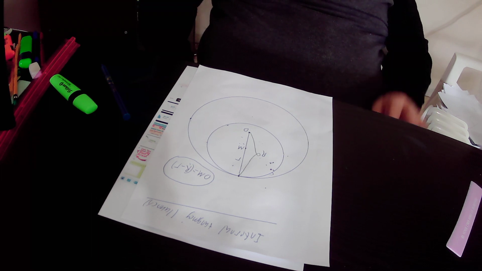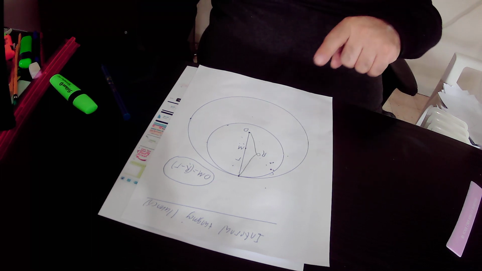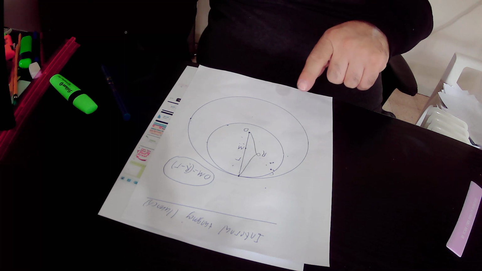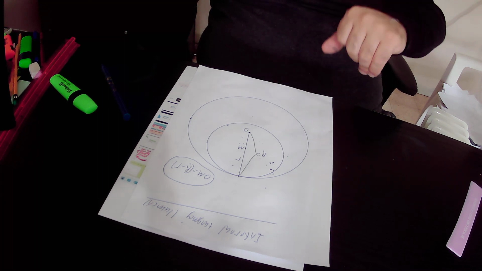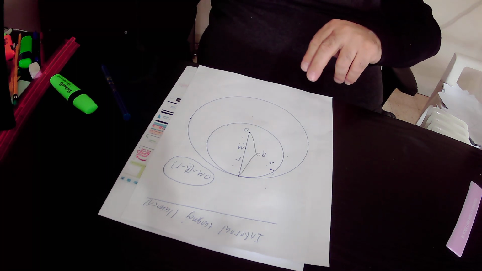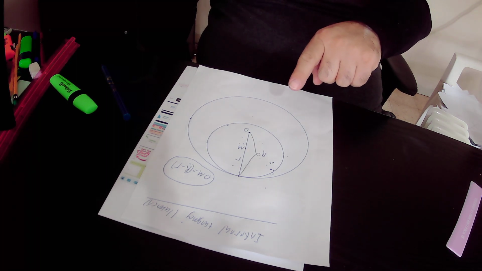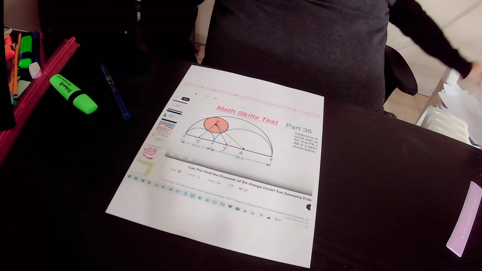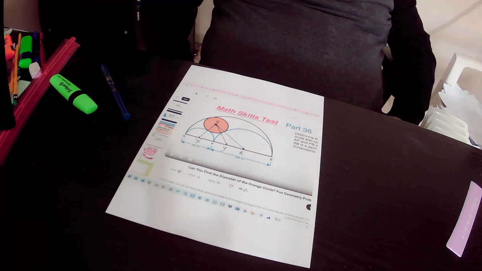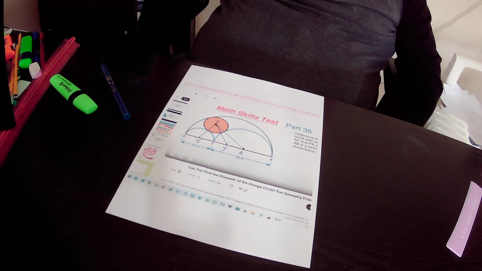Then the distance between the centers will be equal to the difference between the lengths of their radii. In this case, it is capital R minus small r. Implemented the two new rules in our drawing.